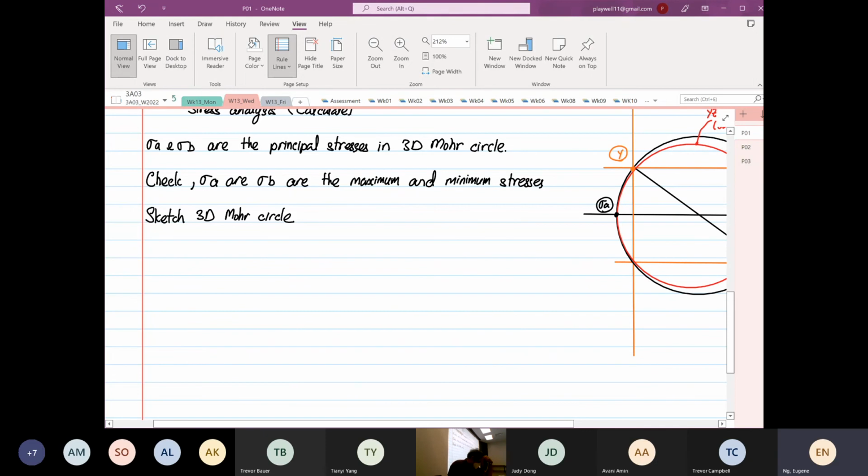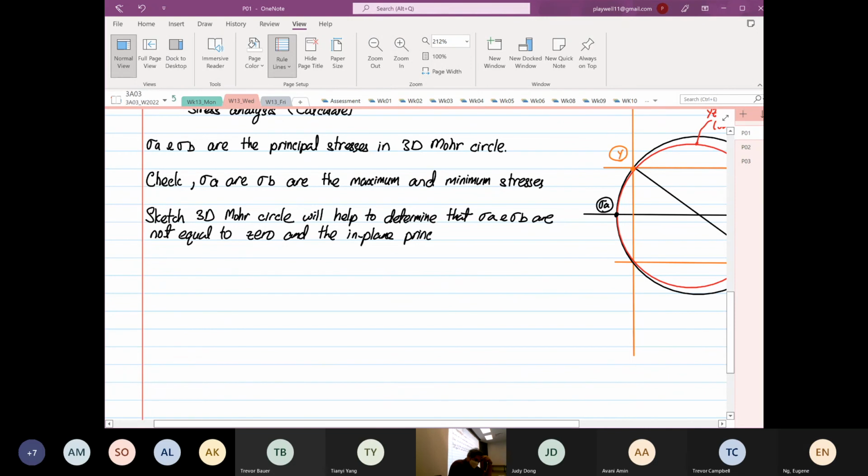okay, when you sketch 3D Mohr circle, it will help to determine that stress A and stress B are not equal to 0, and the in-plane stresses, or the in-plane principal stress, are the stress max and stress min.